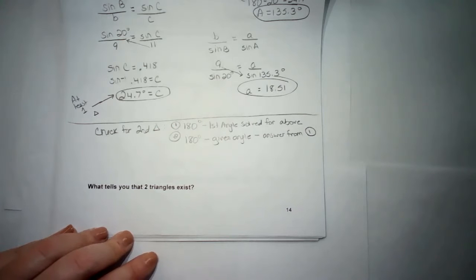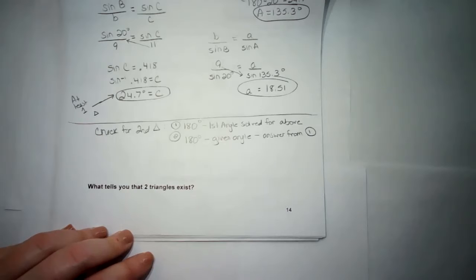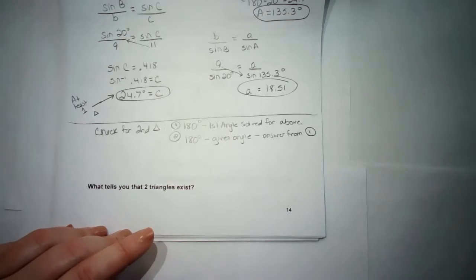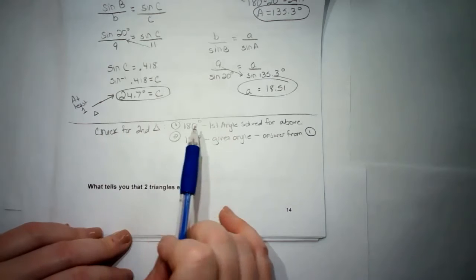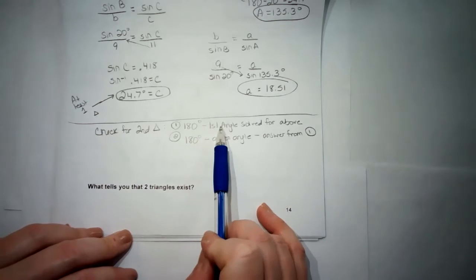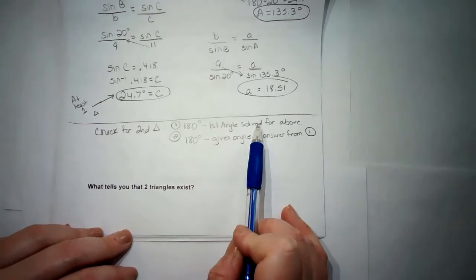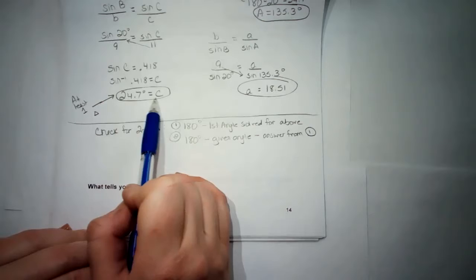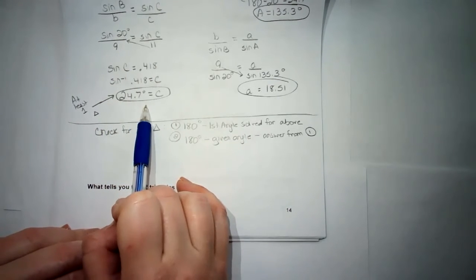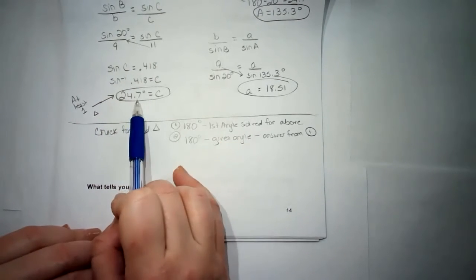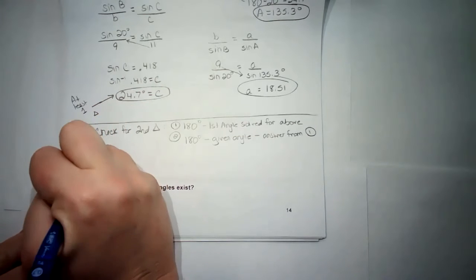Okay, so let's talk about why these are the steps, just in case you want to know. Some of you are just, that's fine with me, I believe you. Some of you are like, well, kind of why? All right, so why are we taking 180 minus the first angle we solved for? And by the way, this was the first angle we solved for, if you recall. This is the first thing we did. So I'm going to take 180 minus this, okay?